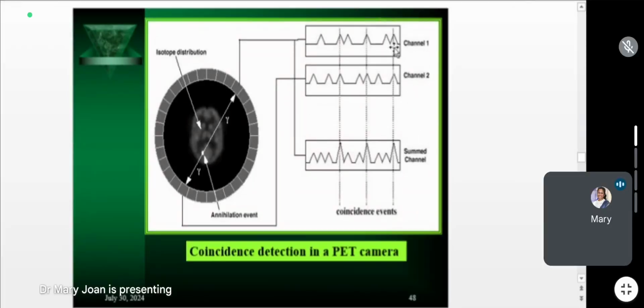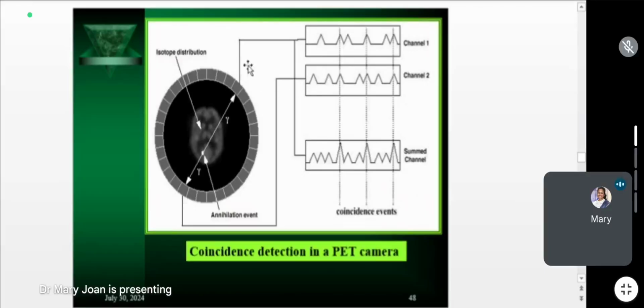We have two channels and the summed channel. If there is a detection in channel 1 and there is a detection in channel 2 at the same time, then we will have a coincidence event. You can see the bigger peak over here. This gets added. So here you can see there was an incident. There was a photon which is detected.